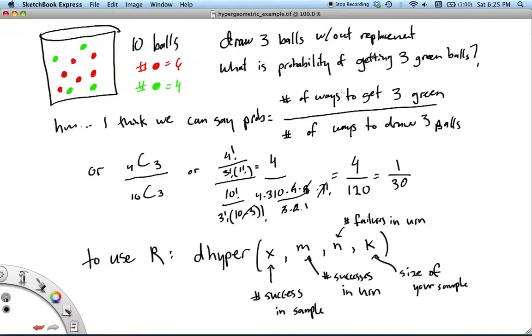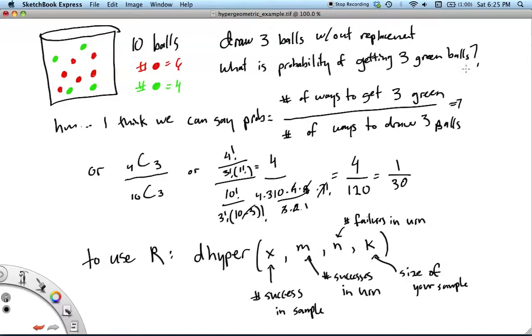Well, I would just have to add in a term for if the number of successes I had been less than the number in the sample. I would also have to account for the other balls in the sample that weren't successes. So let's see if I can do a sneaky sort of generalization of what this would mean.